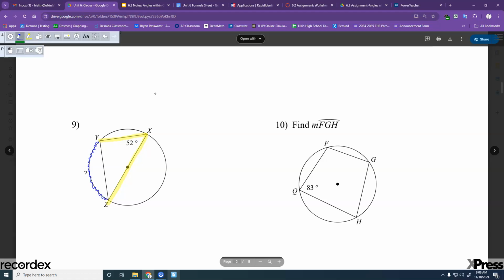So, is this arc the arc that goes with that inscribed angle? Yes. What do we need to do? Multiply it by 2. So we're going to do 52 times 2, and we will get 104 degrees for that one.